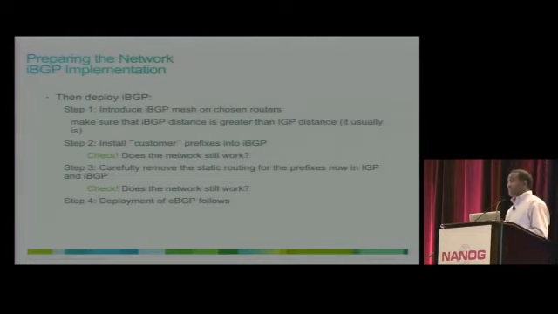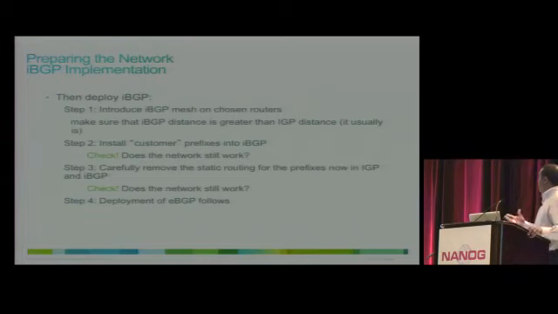The lower distance is preferred. Typically, for example, on a Cisco system, IBGP uses a distance of 200, and IGP is used depending on the IGP. I think for OSPF and ISIS, it's about 110, 115. But it is lower than IBGP.